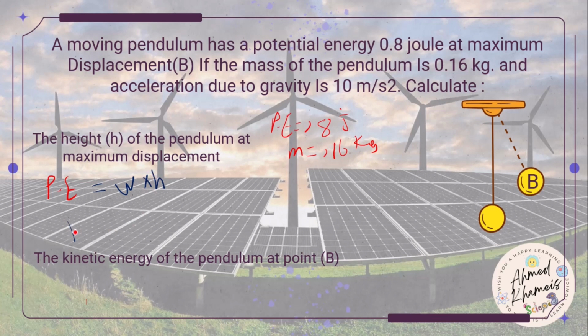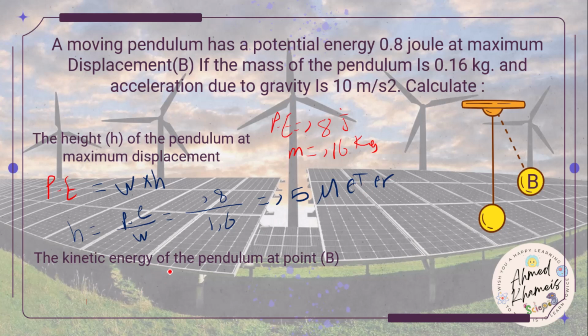So the height equals potential energy divided by weight. The potential energy is 0.8 and the weight equals the mass multiplied by the acceleration due to gravity. So 0.16 multiplied by 10 equals 1.6. That equals half a meter.